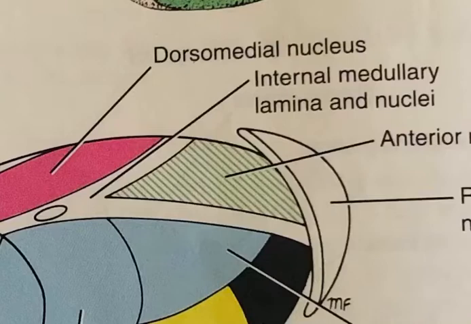And then ventroposterolateral, what is the mnemonic? VP loves MS. Funny, but we need to keep it in mind. VP loves L, ventroposterolateral, and then MS is medial lemniscus and spinal lemniscus, finished.